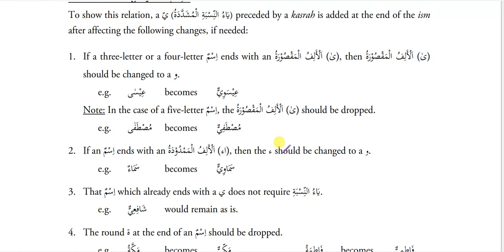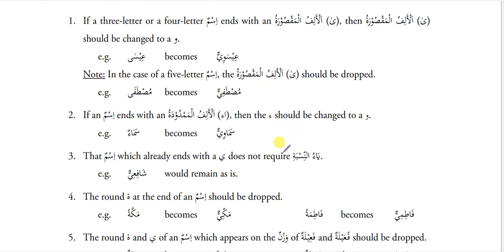So Isa becomes Isawiyu. So the first rule is that if a word is 3-letter or 4-letter and ends with alif maksura, then that alif maksura will be converted into wawe maksur, a waw having kasra on it, and then at the end the yae mansub, that is ya with tashdid, will be added.